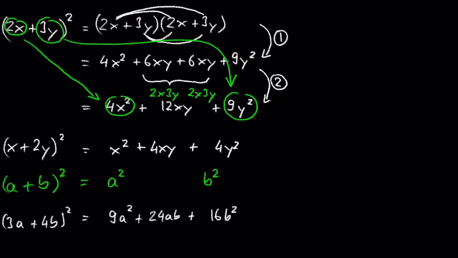And the term in the middle is the first term, a, times the second term, b, and then we multiply that by 2, so we can write 2ab for the middle term. This is the first binomial formula.